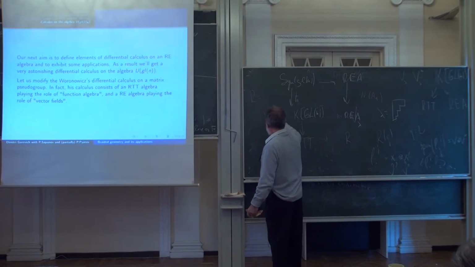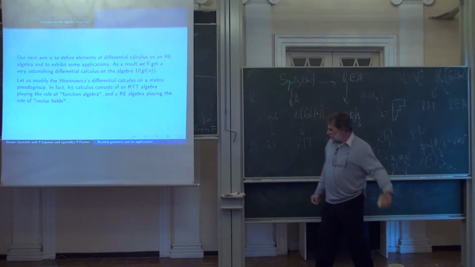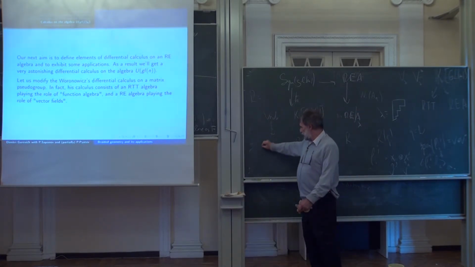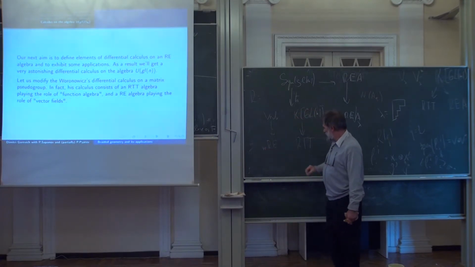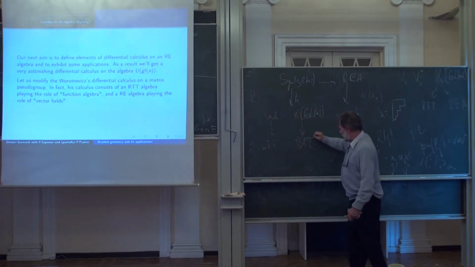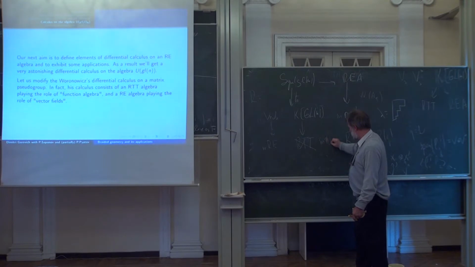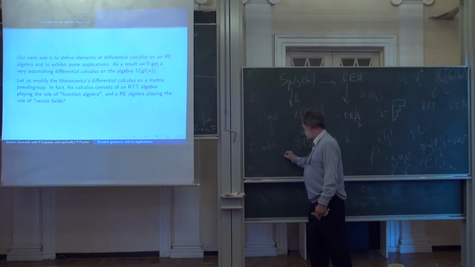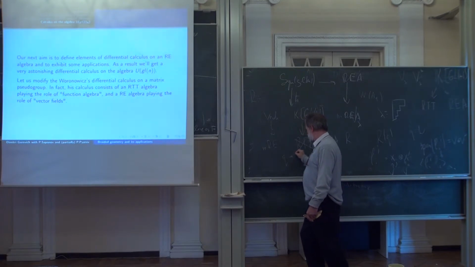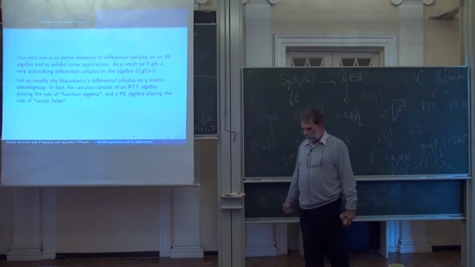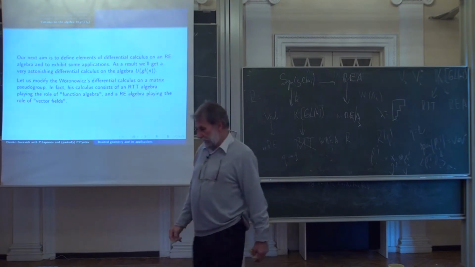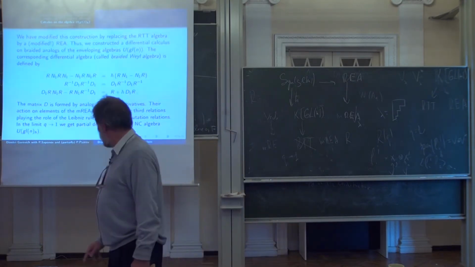Vector fields, as we discussed just now, are nothing but the reflection equation algebra. But what we did, we considered here the modified reflection equation algebra. Here we replaced the algebra by the modified reflection equation algebra as well. And finally, after that, we passed to the limit q goes to 1. And we constructed differential calculus.